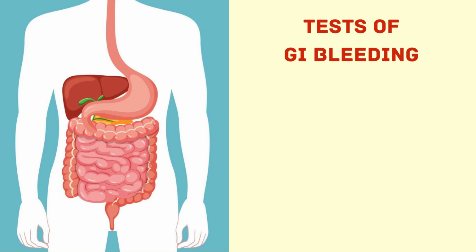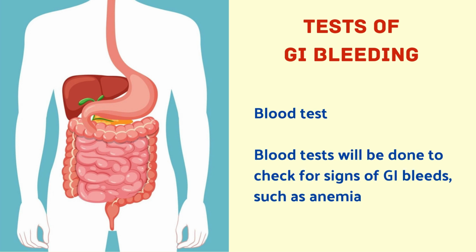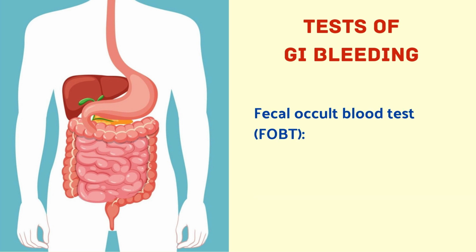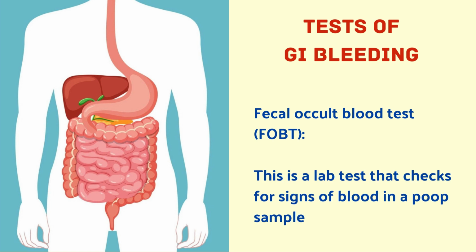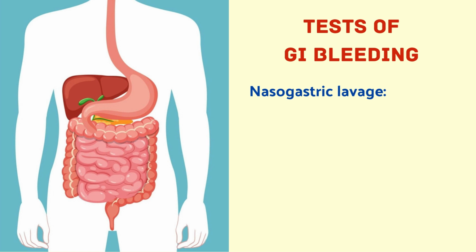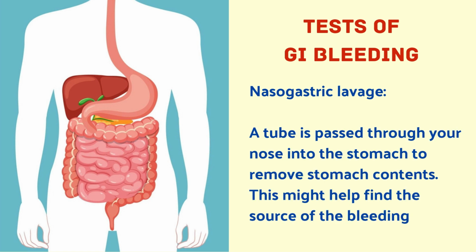Now let us discuss the tests for GI bleeding. The first test is the blood test. Blood tests will be done to check for signs of GI bleeds such as anemia. Fecal occult blood test: this is a lab test that checks for signs of blood in a stool sample. Nasogastric lavage: a tube is passed through your nose into the stomach to remove stomach contents. This might help find the source of the bleeding.